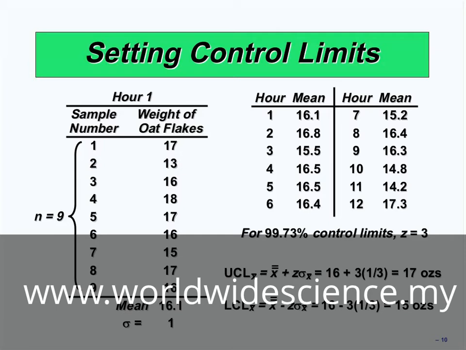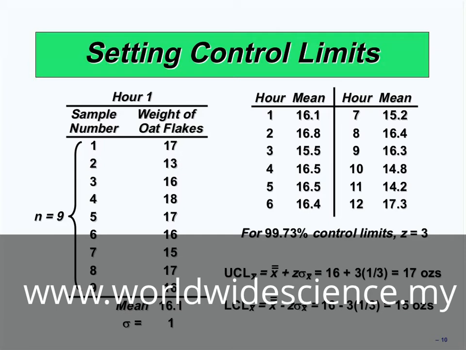The biggest number, the maximum number in this sampling or in this hour, was 18, and the minimum number was 13. The difference between 18 and 13 equals 5, because 18 minus 13 gives you 5. So the range in R1 is 5. R1 is 5. R2 can be calculated exactly the same way.